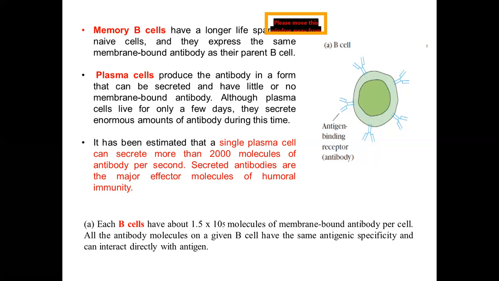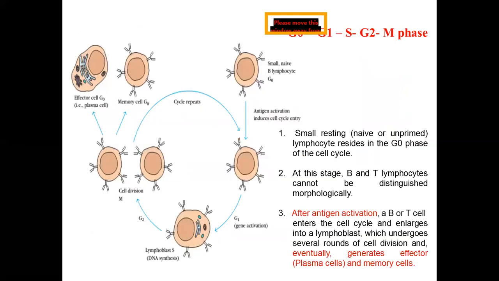B cell. Fine. So when you talk about the cell cycle of the B cell, how the naive B cell enters the cell cycle and goes into differentiation and proliferation. Initially, the naive B lymphocyte, which has a membrane bound receptor, is in the G0 phase, where there is no activation, no differentiation, no proliferation.